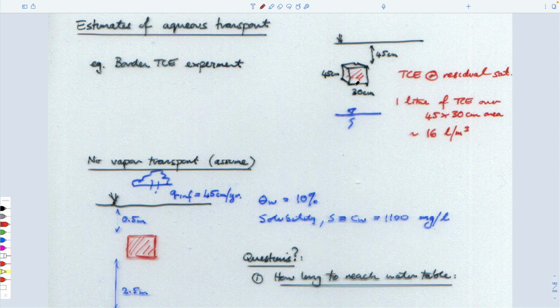But this is excavating out a hole, mixing TCE with some sand and refilling it in the hole and backfilling the hole with pristine sand, and then leaving it there and looking at what happens to the motion of that material from that zone into the water table.